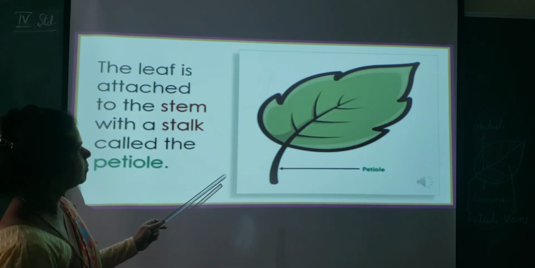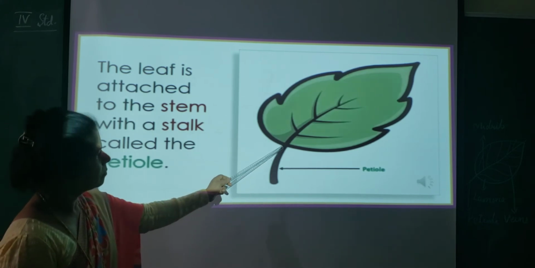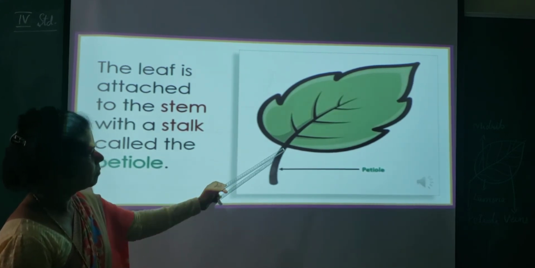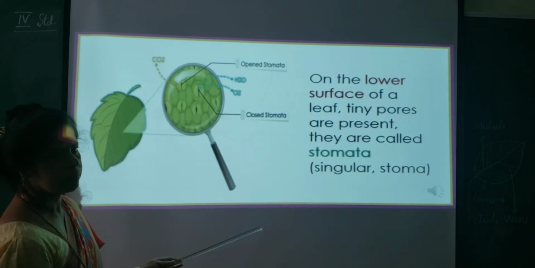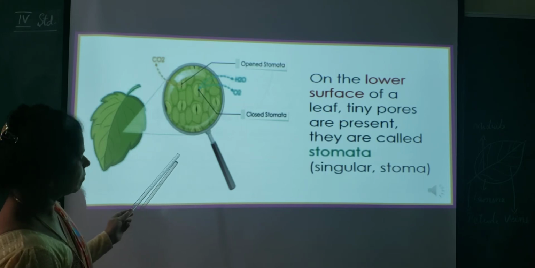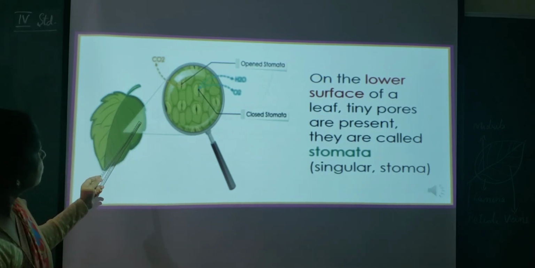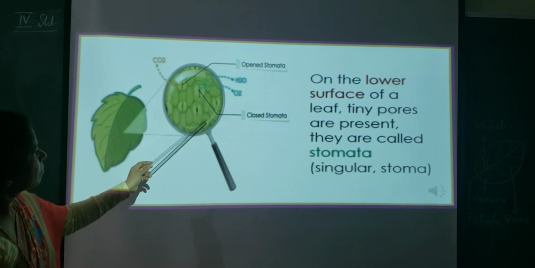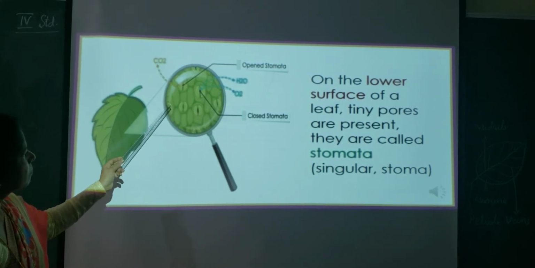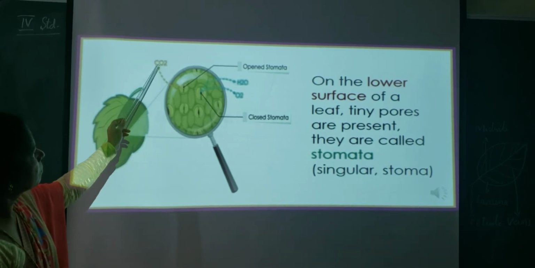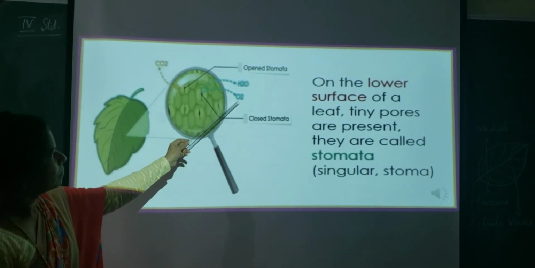The leaf is attached to the stem with a stalk called the petiole. On the lower surface of a leaf, tiny pores are present. They are called stomata, and a single pore is called stoma. During photosynthesis, stomata helps in the exchange of gases, mainly carbon dioxide and oxygen.